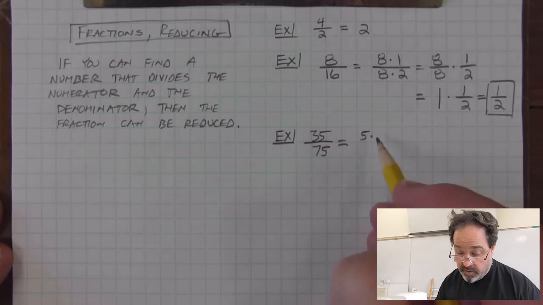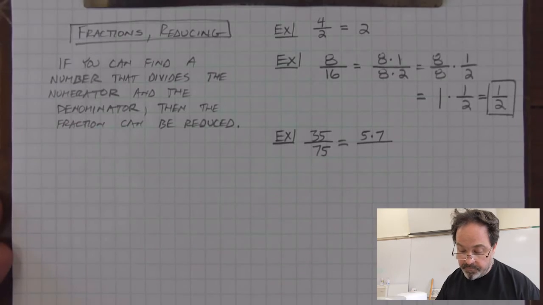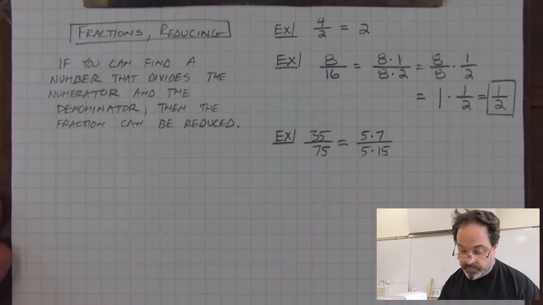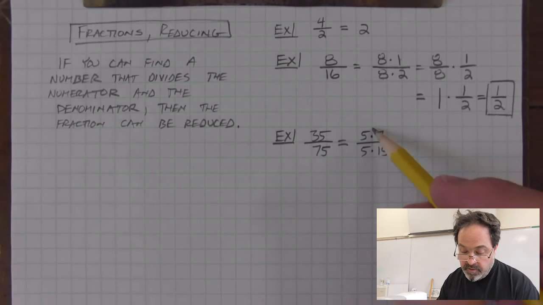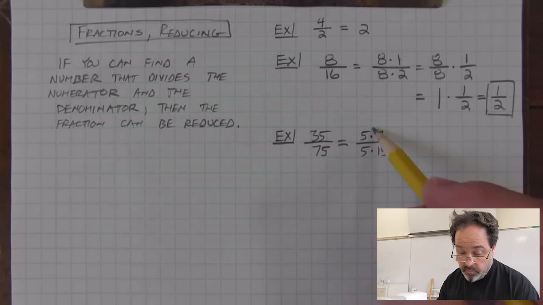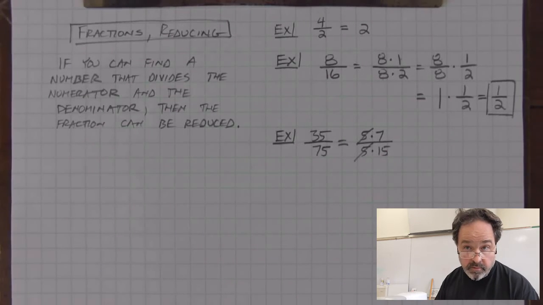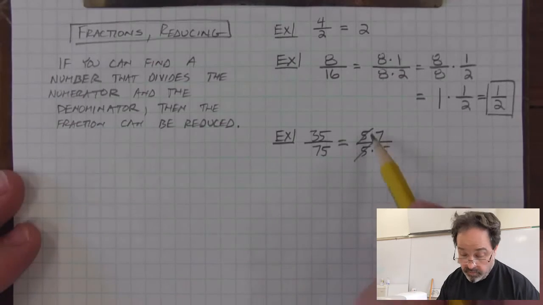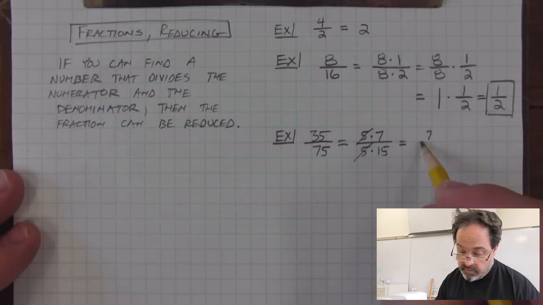I can think of 35 as 5 times 7. 5 also divides 75, and I can think of 75 as 5 times 15. This number that divides the numerator and denominator we can call a common factor, and it cancels out. It turns into 1. The 5 divided by 5 turns into 1 and can be ignored, leaving the 7 over 15, which is the reduced fraction.